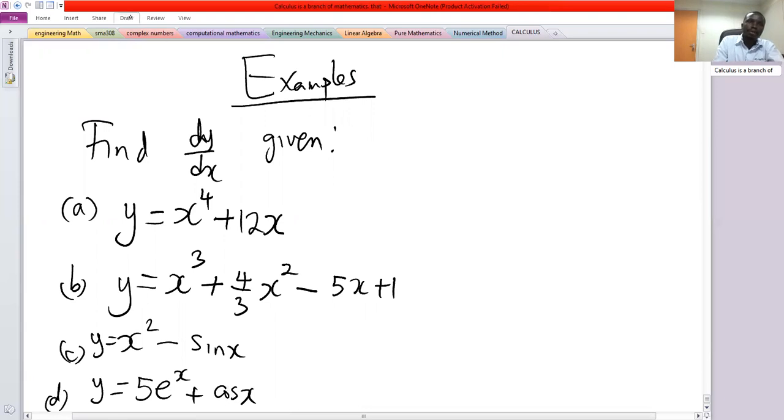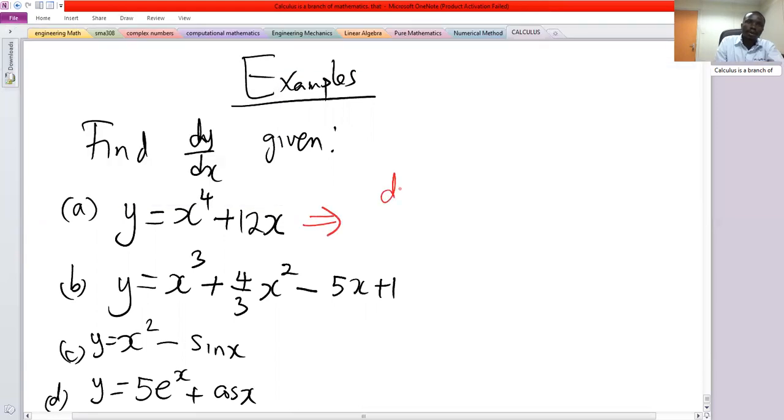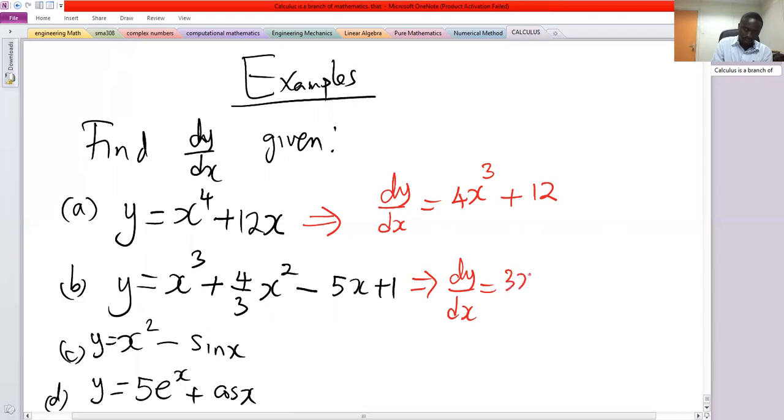So, solution to these problems. For the first one, dy/dx, we use the power rule on each term. So this will be 4x to the power 4 minus 1, which is 3, plus 12. For the second, using the power rule, the first term will be 3x squared, then 8/3 x, and then minus 5. The derivative of 1 is 0, so we don't have to include it.